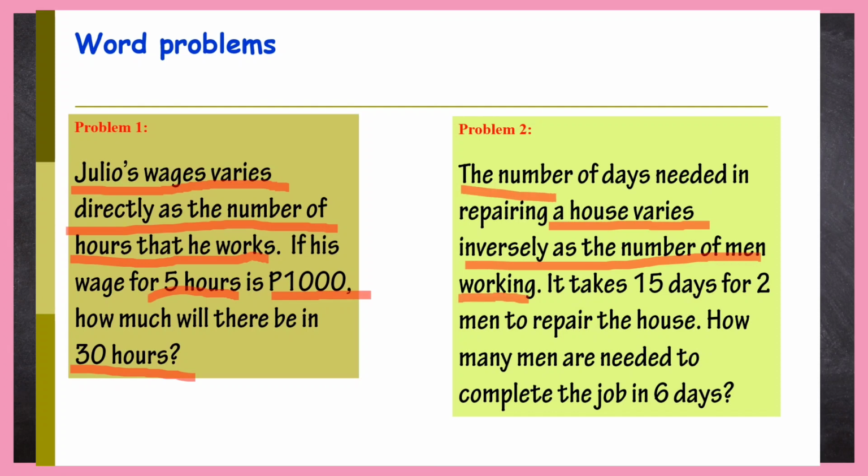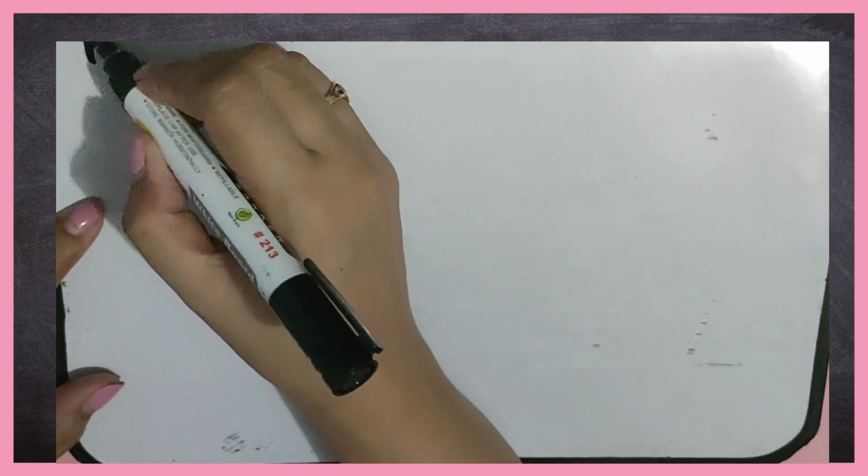Then we have, it takes 15 days for 2 men to repair the house. How many men are needed to complete the job in 6 days? Okay, we will solve for that. So let us solve the two problems.